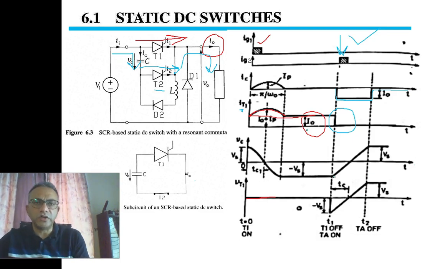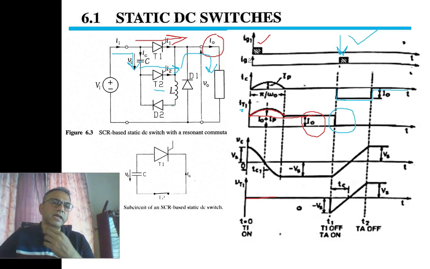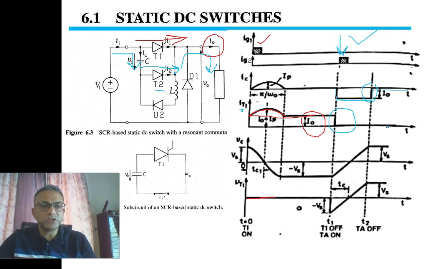We will turn off T2 by choosing proper values of C and L so that they form a second order system where the current crosses 0 amperes at a certain time and T2 is naturally commutated.